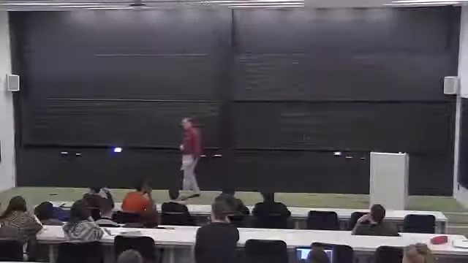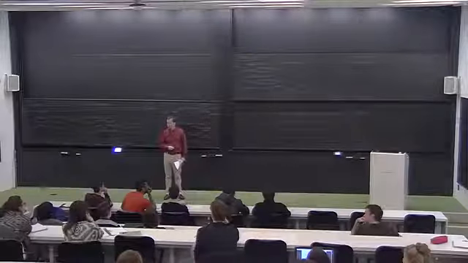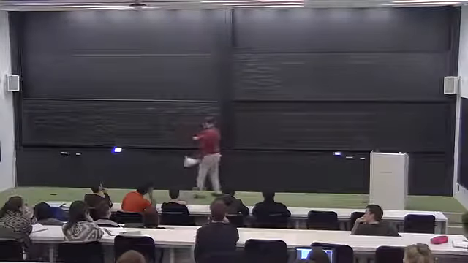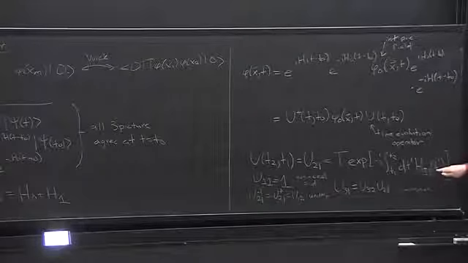The U's depend on two times. That's right. So what does it mean to time order them? Well, we can think about these U's as exponentials, so it involves the Hamiltonian at a bunch of different times.